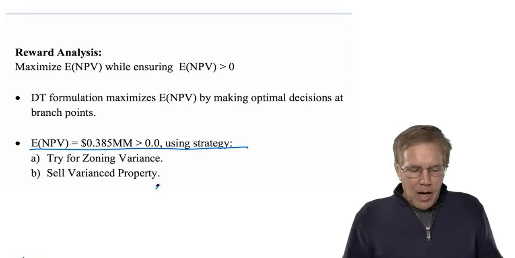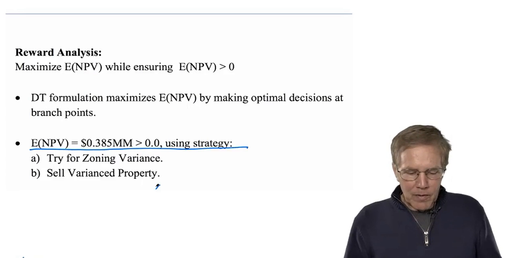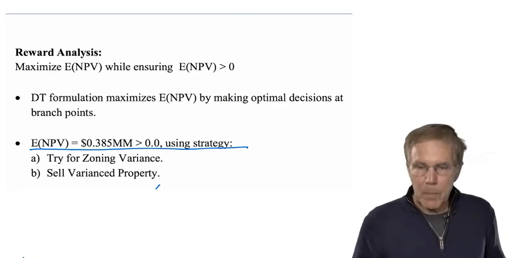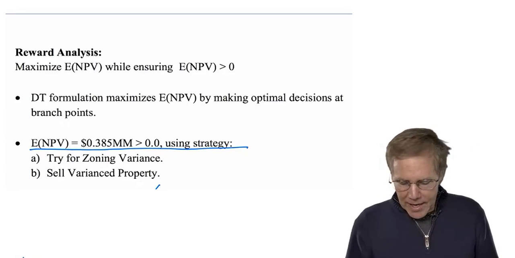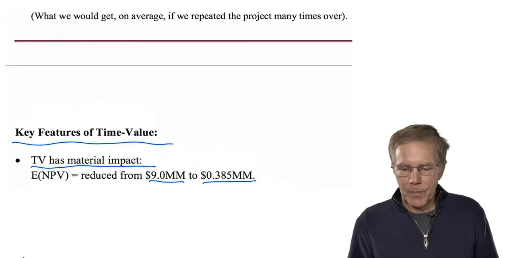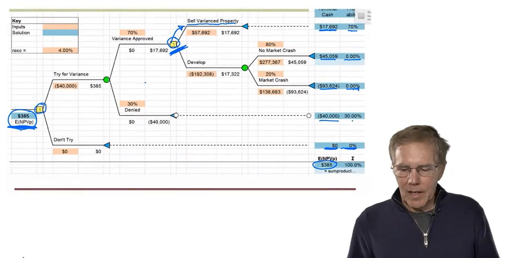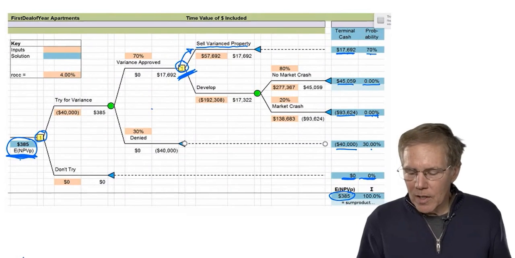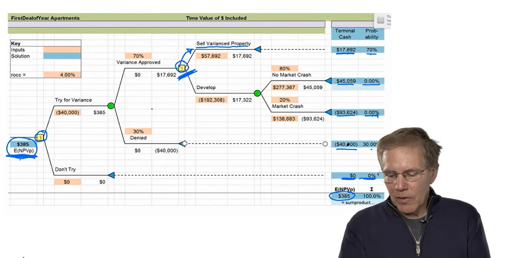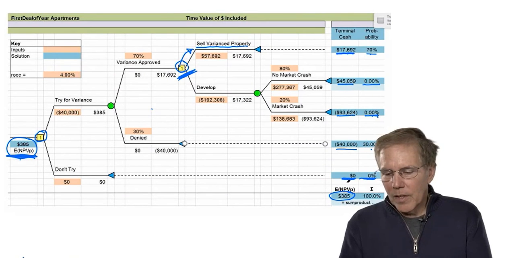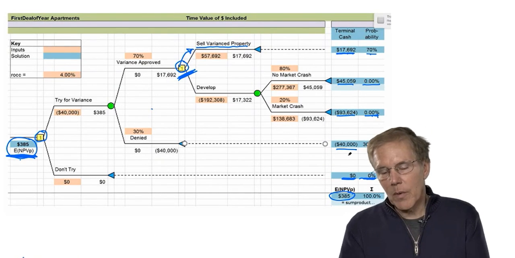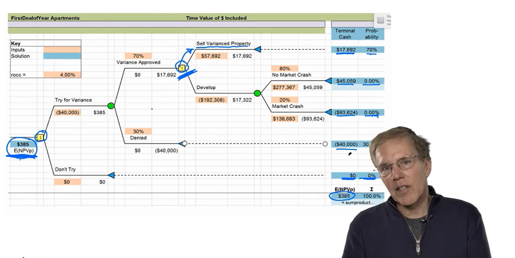And the expected value of the NPV, 385,000, just a good sort of statistical probabilistic point here. Could they ever realize that? Well, let's go back up to our decision tree and think about it. Well, here are all the things that can happen and the amounts of money associated with them. Do we see 385,000 as any of these? No, there's no way they're going to get that exact number.